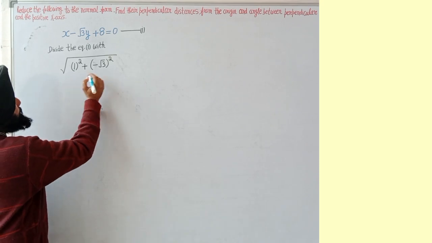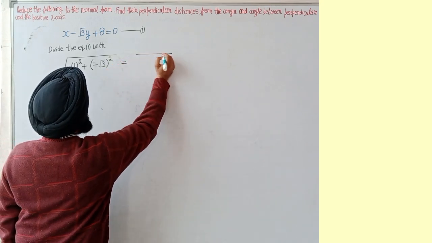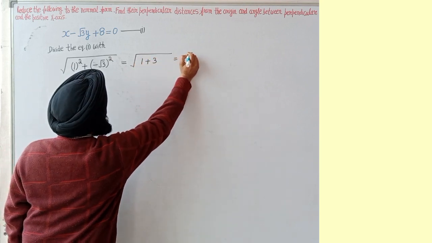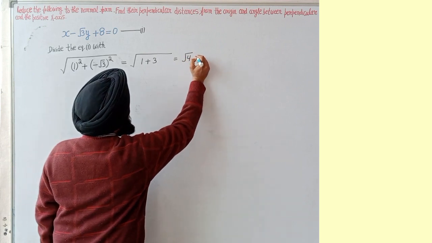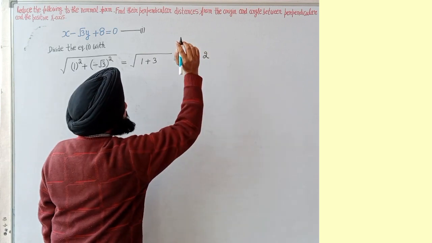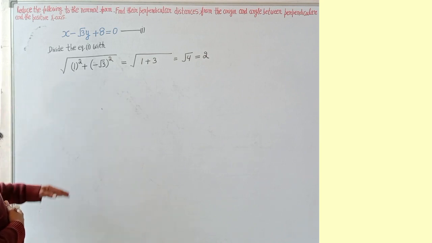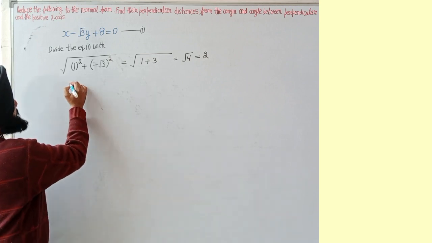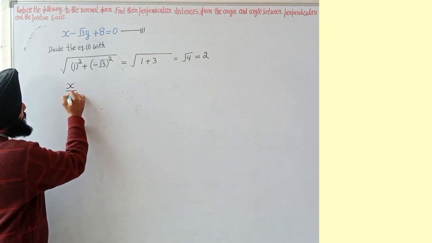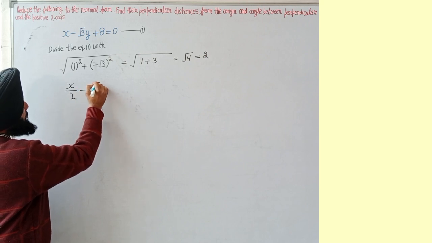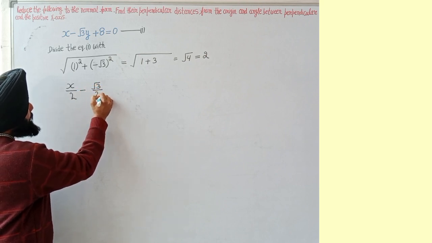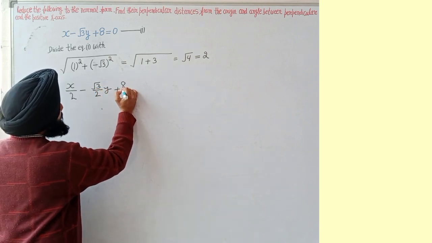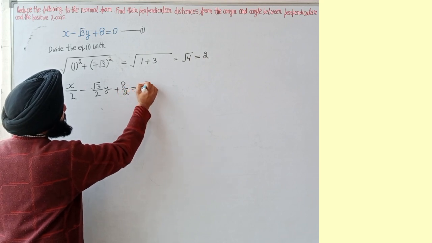So this becomes square root 1 plus 3, that is square root 4, and this becomes 2. So divide by 2. This becomes x over 2 minus under root 3 over 2 y plus 8 over 2 equal to 0.